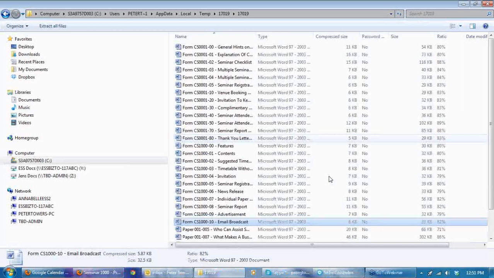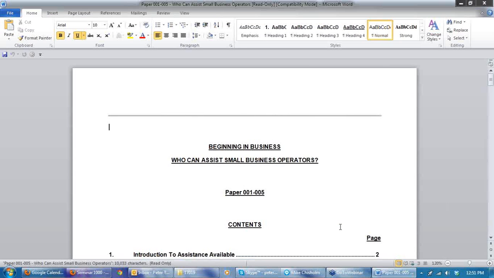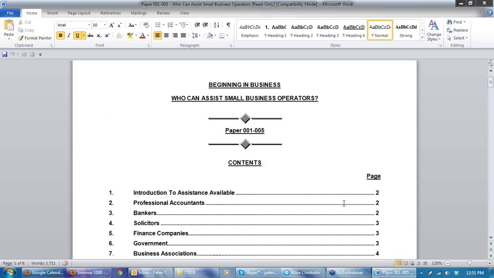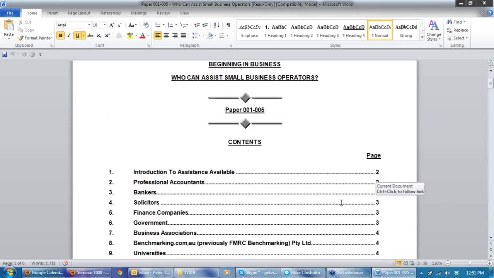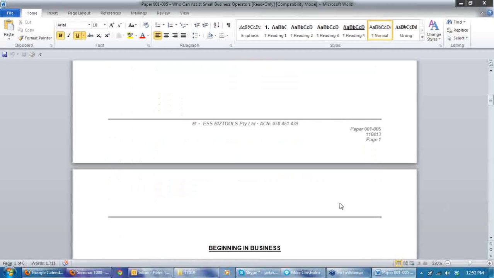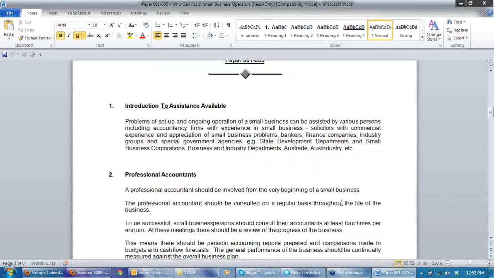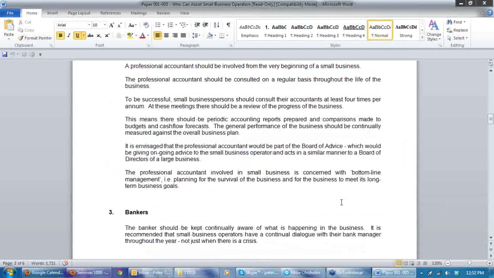So everything is there to assist in presenting the seminar or webinar. Then here are the papers, the first one to assist small business operators. So there's a paper there that you're able to supply to your clients or attendees at a seminar or webinar.